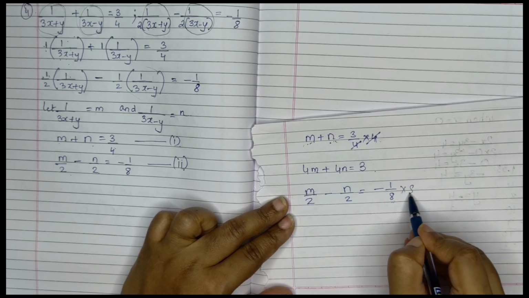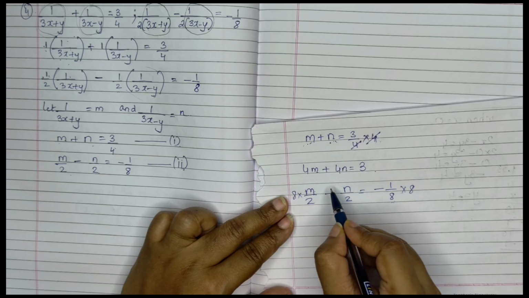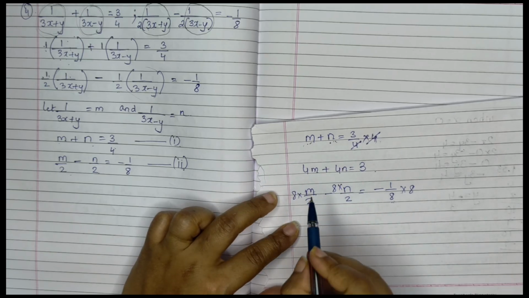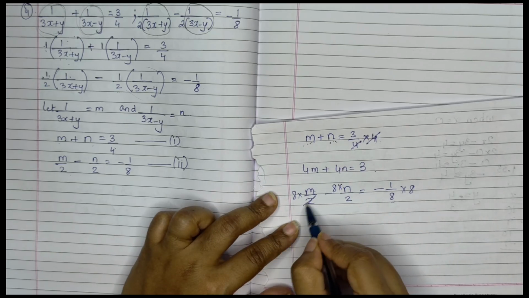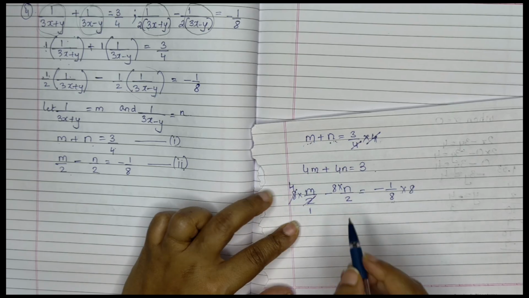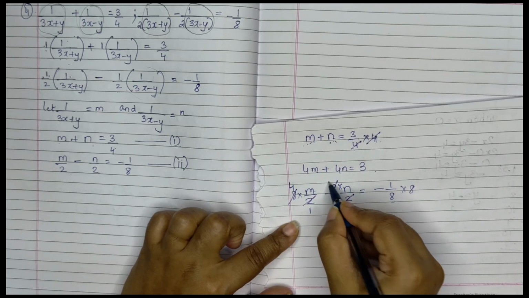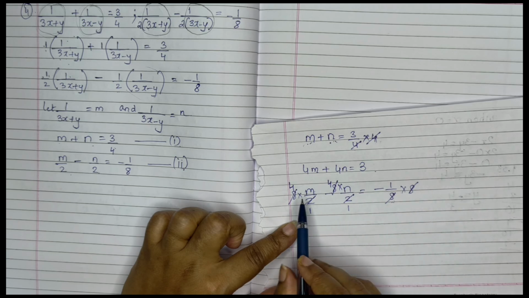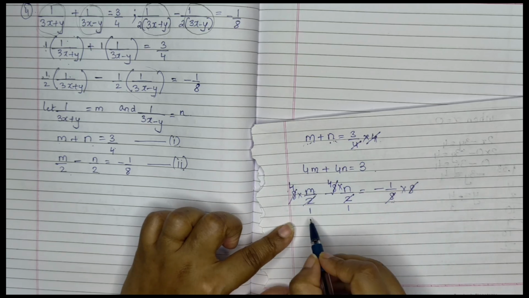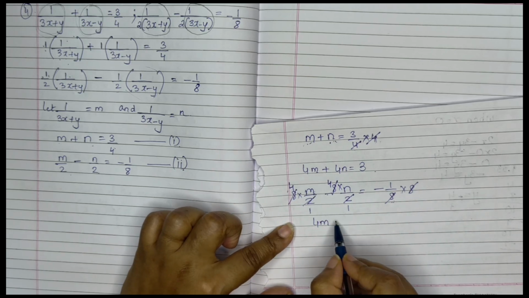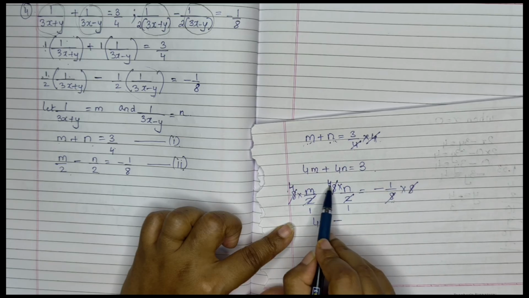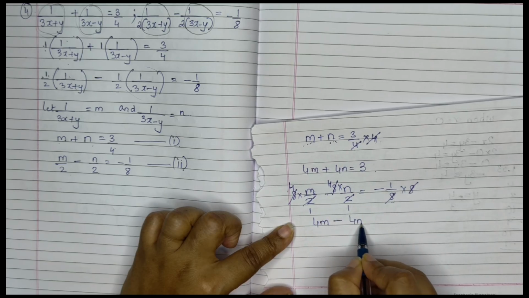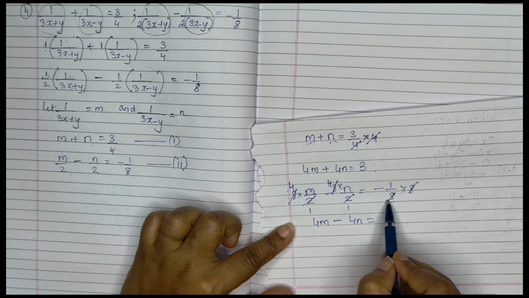So 2 ones are 2, 2 fours are 8. This 8 and 8 get cancelled. Now in the equation what is remaining? 4 multiplied by m, so you get 4m here, minus 4 multiplied by n, you get 4n here, is equal to, this 8 and 8 got cancelled, so minus 1 we have here.